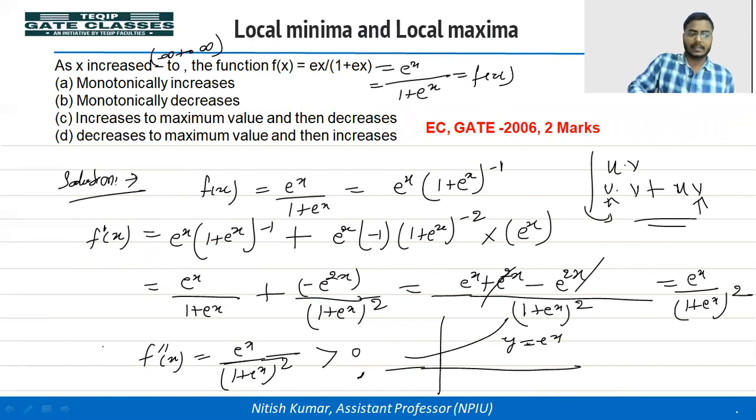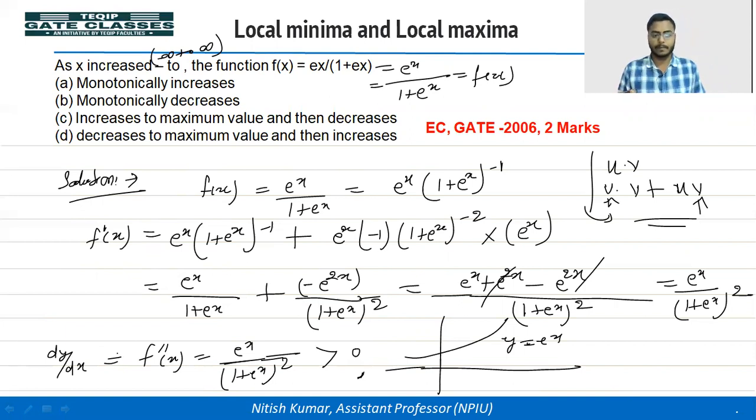So when dy by dx is greater than 0 for a particular range or particular domain, or for all x, we can say the function will monotonically increase in its domain. So the option A will be correct here, right?